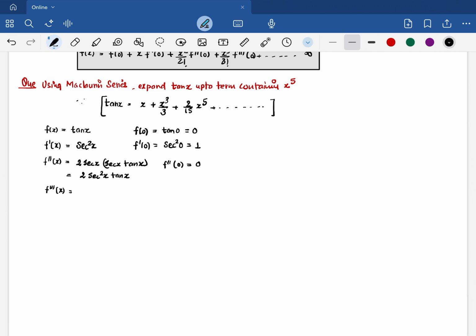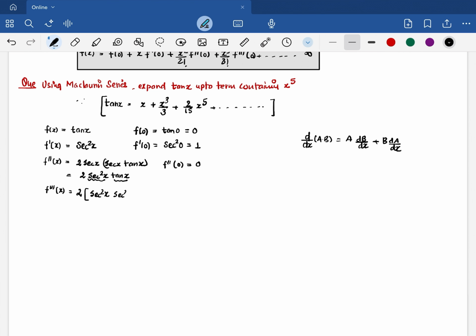Let's talk about the third derivative. So what is the third derivative? Let 2 be a constant and there are two terms, this one and this one. So how do we differentiate? Apply the product rule, a into b. We take a as constant, differentiate the second, and take b as constant and differentiate the first. So let's take sec square x as constant, and what's the differentiation of tan x?